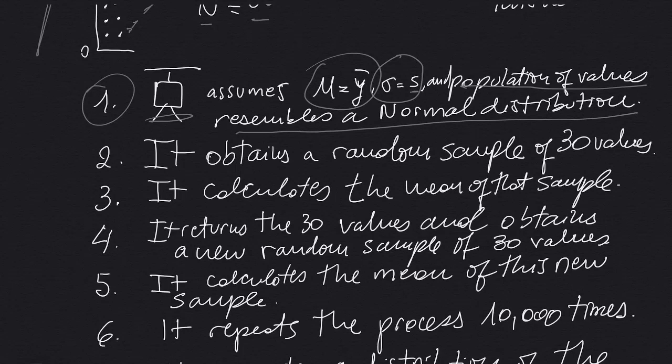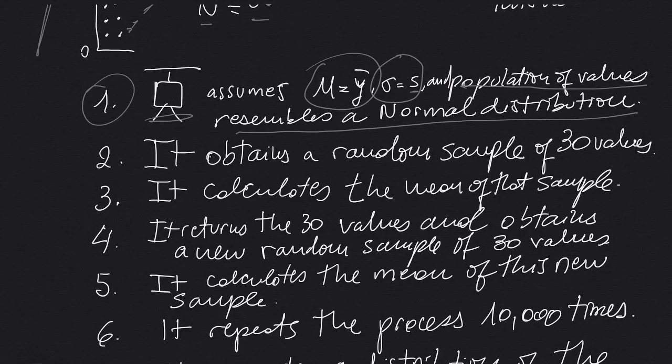Obviously this is not true, because the value that we obtain in our sample has to be related to the exact mean of the population, but because it was randomly chosen from the population, it's not going to be exactly the same. It has to be different. And we determine the precision of our estimation with the 95% confidence interval.